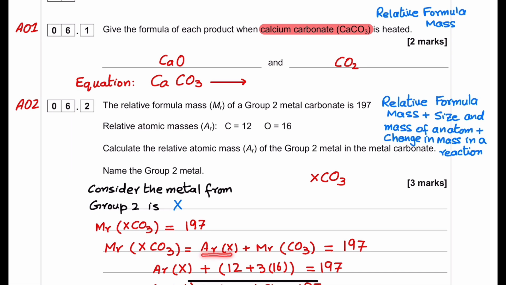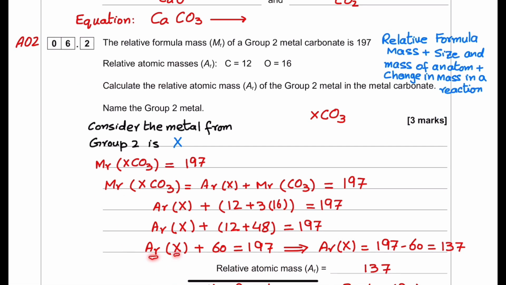Relative atomic mass of X plus 12 for the carbon and 3 oxygen atoms, 3 times 16, is equal to 197, which is given already in our question. The relative atomic mass of the unknown metal X is 137.